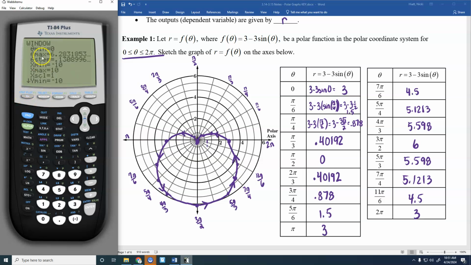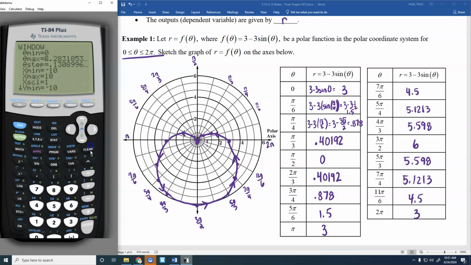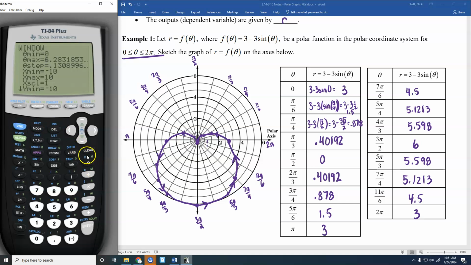In your window, right now my standard for this is going to be 0 to 2 pi. If I only went 0 to pi, and then I graphed it, it would only graph half of it, just that top part.